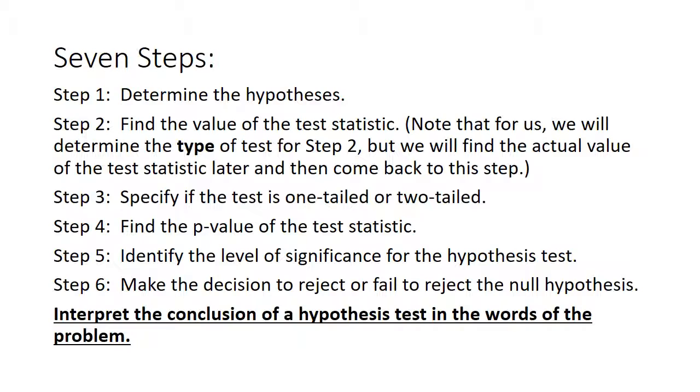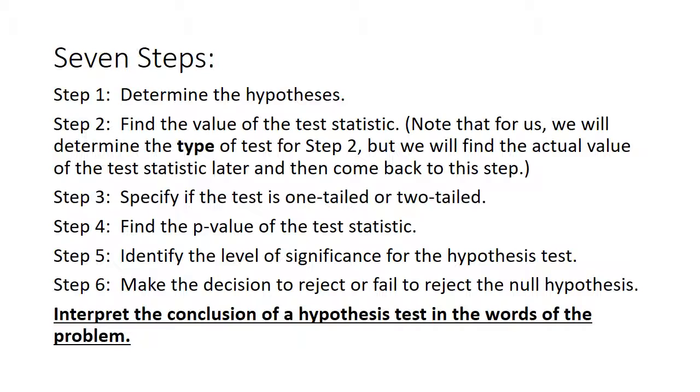Identify the level of significance for the hypothesis test. We call this alpha. And yes, this is pretty much the same alpha that we saw when we were finding confidence intervals. This is how rare, how unlikely our results need to be for us to say, we're not so sure about that null hypothesis.